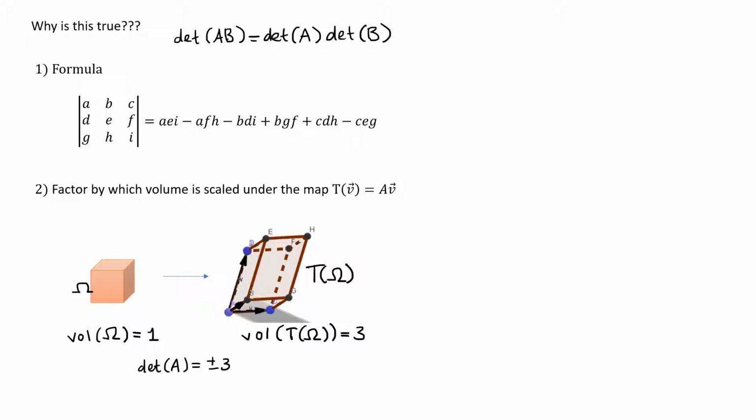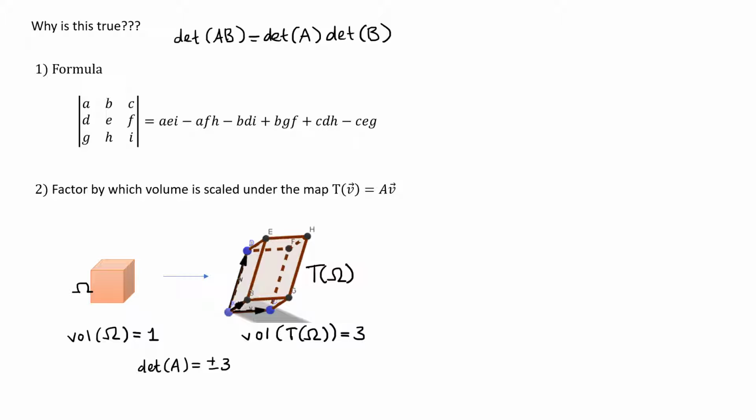Okay, so we've seen that the determinant is the factor by which volume is scaled under this map that sends a vector v to the product A times v. So for example, if we start out here with the solid cube omega, which has volume 1, if we send every vector in this cube to its image, what we're producing is this parallelepiped T of omega, which has volume 3.